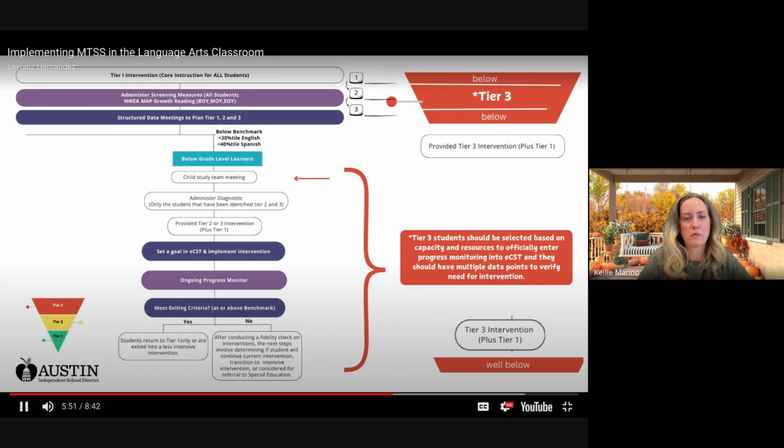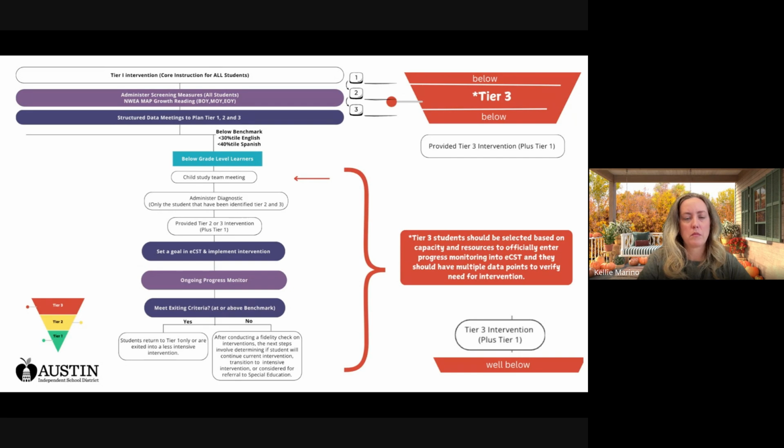This diagram dissects the intensive Tier 3 inverted triangle into 3 parts and provides guidance on how to respond, intervene, and document progress. The top 2/3 of students in Tier 3 will receive intensive instruction and progress monitoring. The bottom 1/3 of the class is required to be documented in ECST. If adequate progress fails to be made, then a referral for an evaluation will be considered by the CST committee.